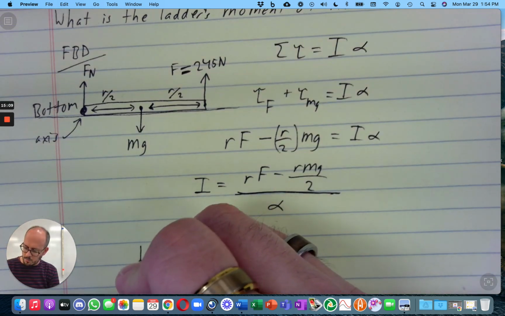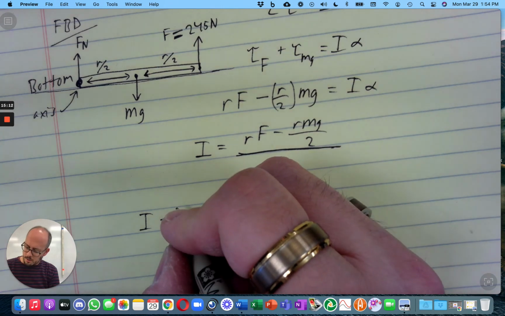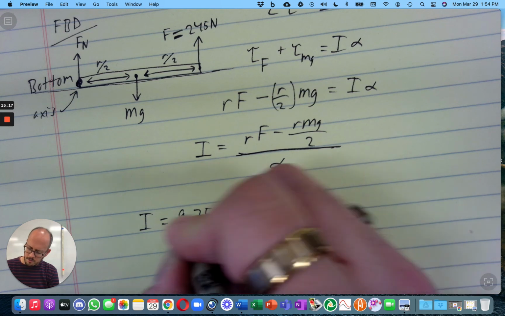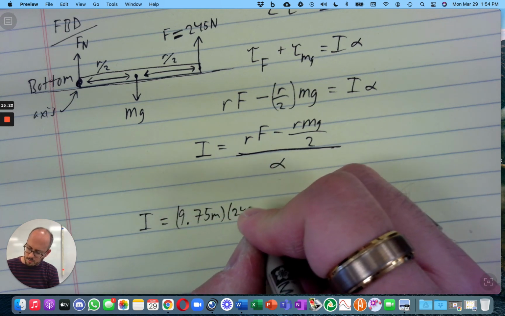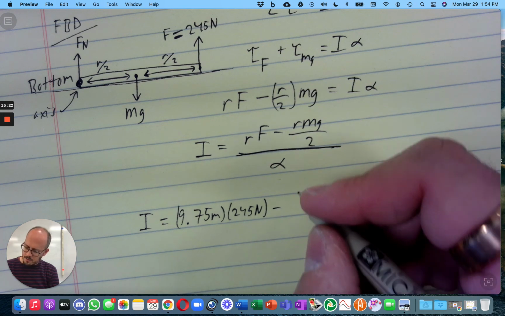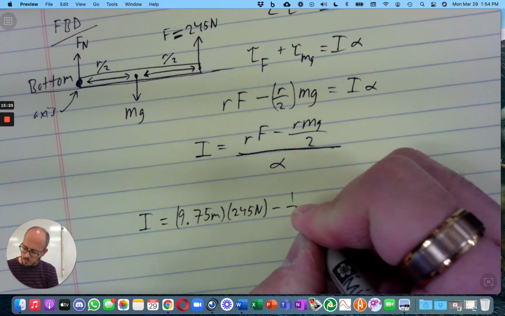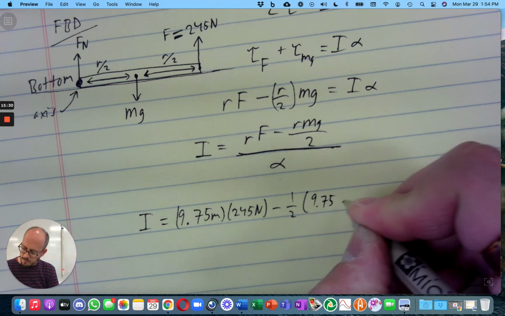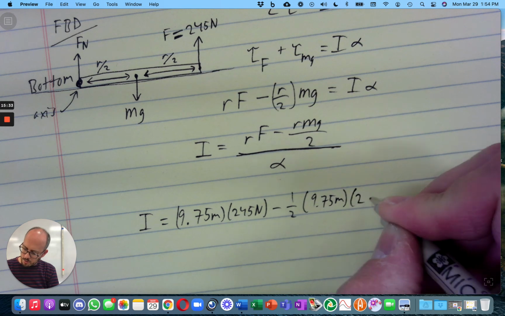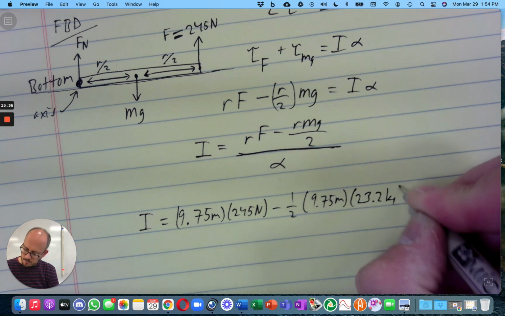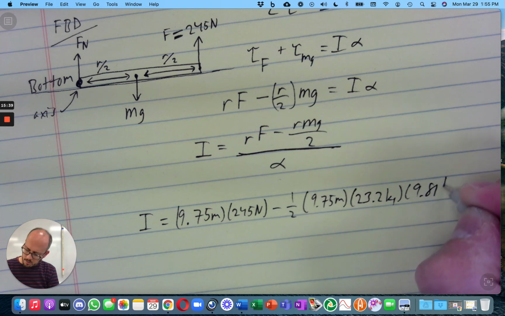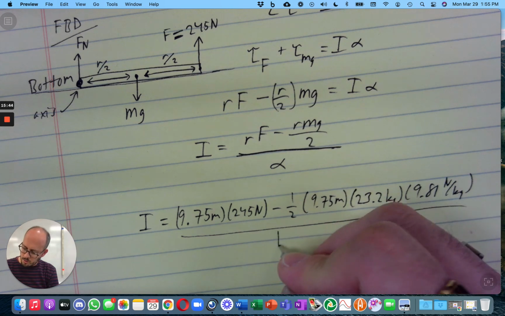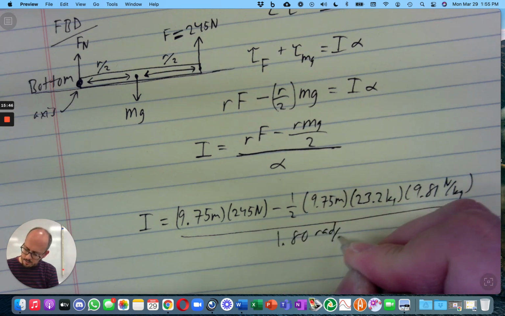Okay, so the value of I is going to be the radius, or basically the length of the entire ladder, 9.75 meters, times that force, 245 newtons, minus RMG over 2. So I'm just going to turn that into 1/2 RMG. 1/2 times 9.75 meters times 23.2 kilograms times 9.81 newtons per kilogram, all divided by alpha, 1.80 radians per second squared.